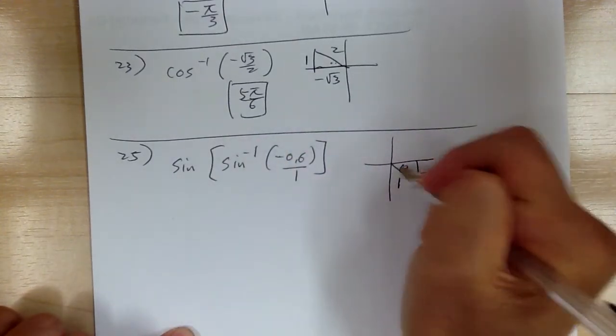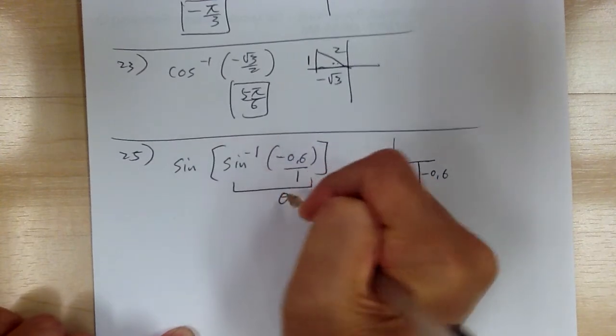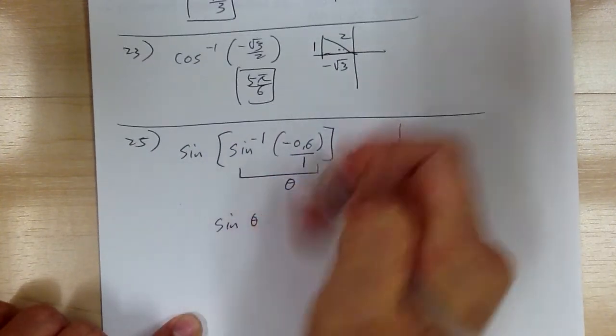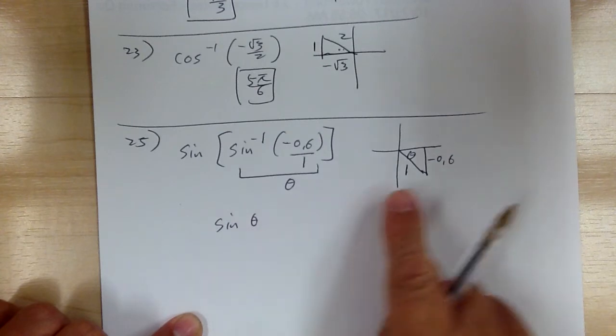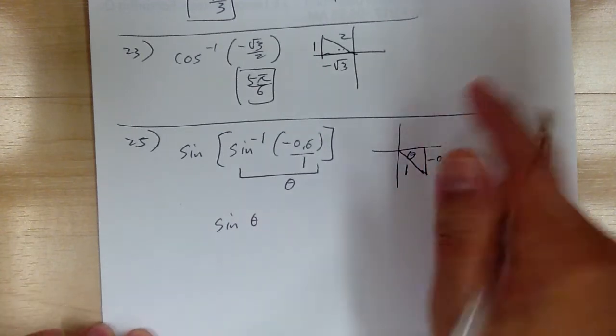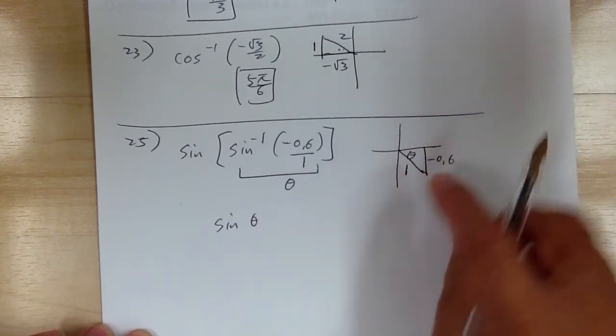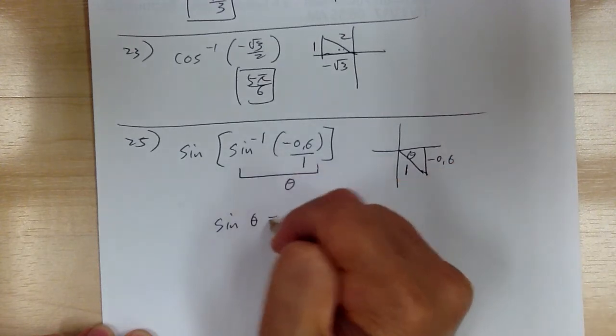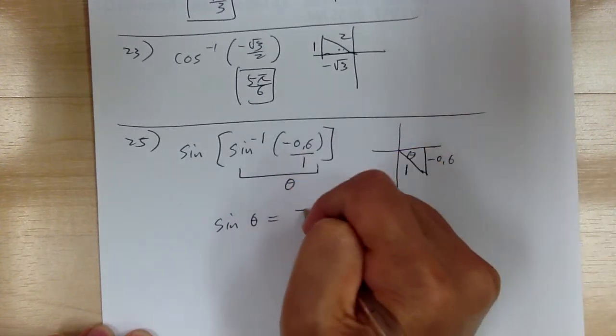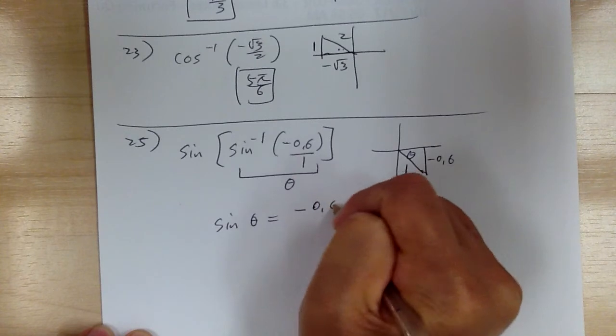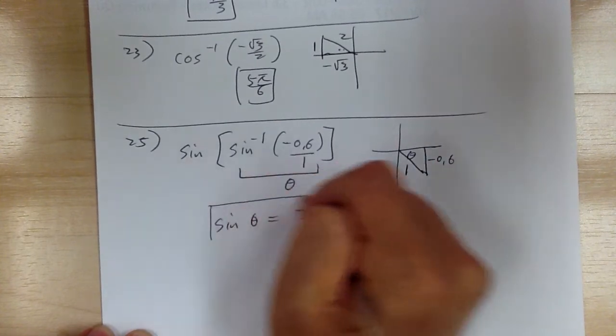And so this is a theta. Remember, inverse function is a theta, right? So you can think of it as sine theta. Now you have to figure out sine theta. So look at this picture. You don't even need to figure out the cosine. By looking at this picture, you can see that the number does not change. So equal to negative 0.6, and that's it.